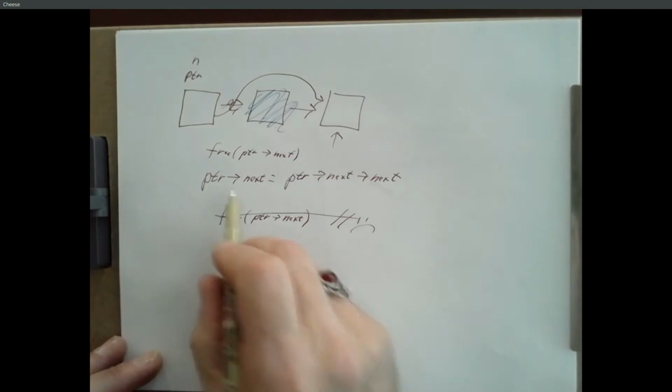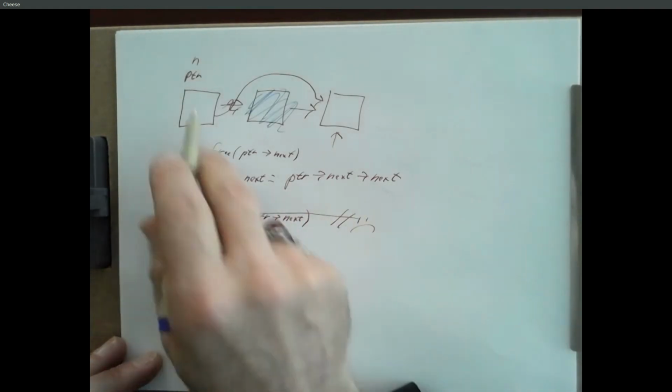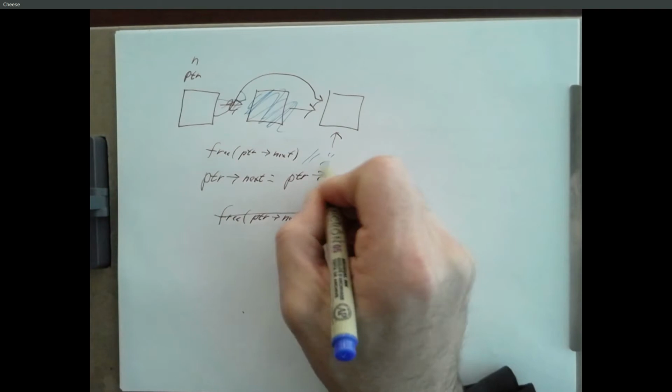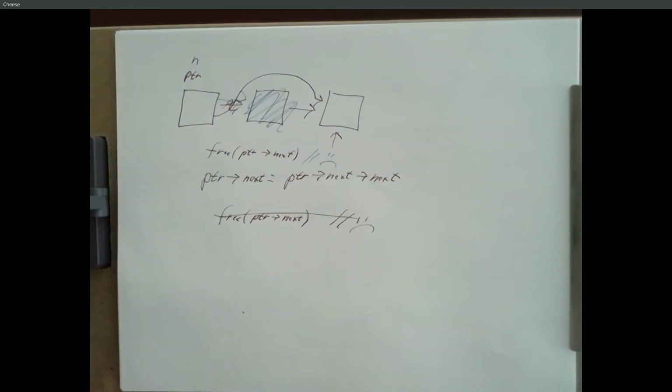So when I try to say pointer next equals pointer next next, well, pointer next was pointing to something that doesn't exist. I can't guarantee what this is going to do. So that's also the frowny face. So you kind of have to use a temporary in this case.